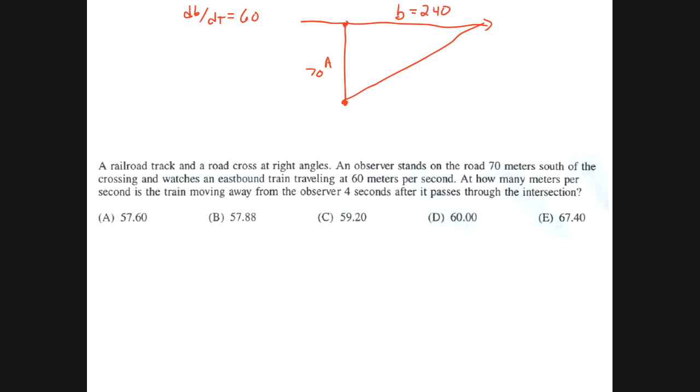And now what am I looking for in this diagram? The rate of C. Well, what is that? Is that just C? There you go, dC dt. So I'm looking for dC dt. Okay, so now I've got A, I've got B. Can I figure out what C is?